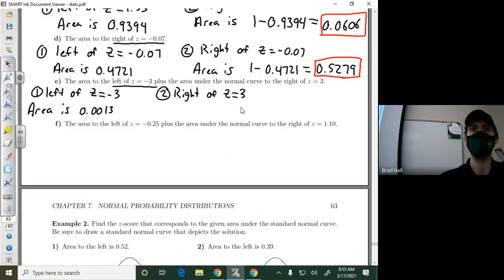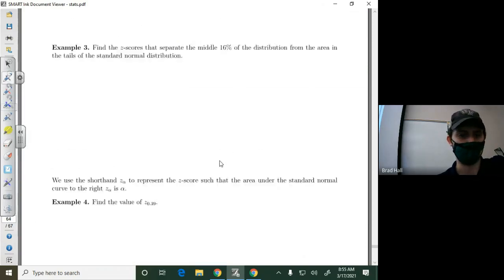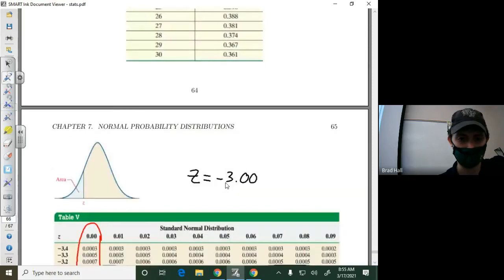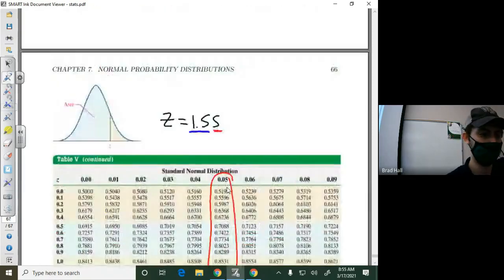Well, if we figure out to the right, that means we need to figure out to the left and then complement it. So pretty boring stuff. So to the right of z is equal to positive 3. Let's go figure out the left area of 3.